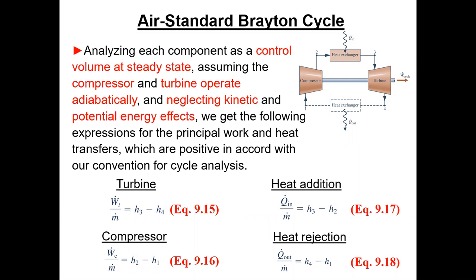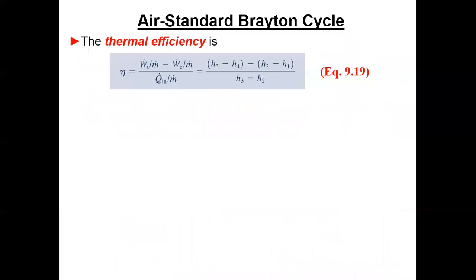with last time, which is just doing the energy balances, applying all of our assumptions: negligible kinetic and potential energy, adiabatic components, no pressure drop, stuff like that. And so we just get the enthalpy difference across all those components.